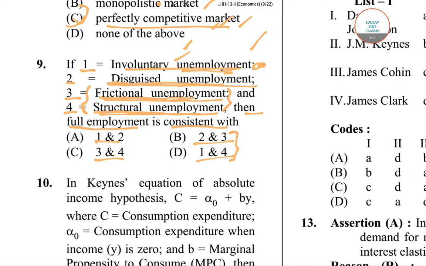Now we know full employment is consistent with frictional and structural unemployment. That is option 3 and 4. So we have to remember full employment is consistent with frictional and structural unemployment.